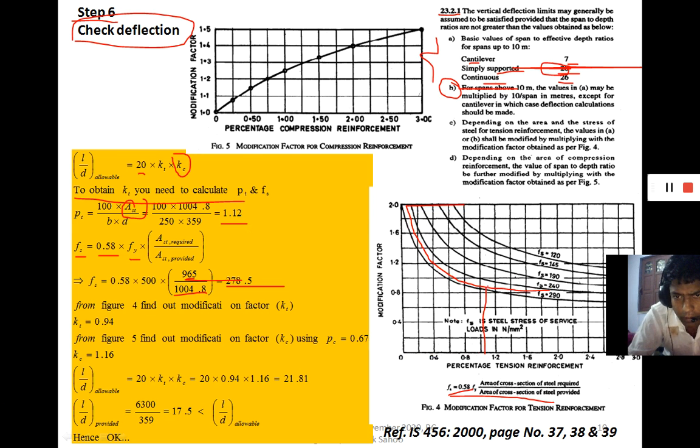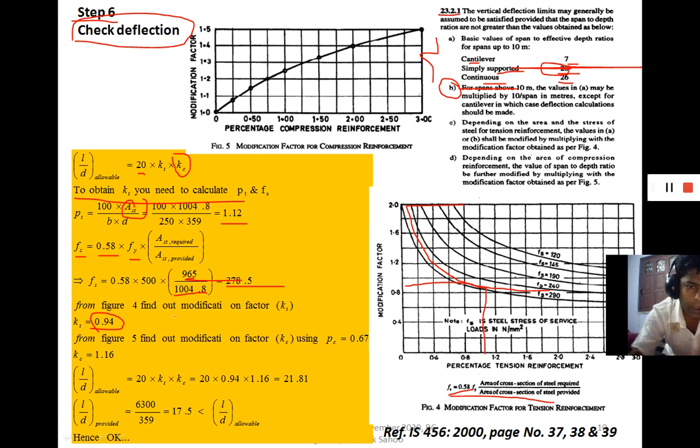This point we project on the ordinate, and it is approximately 0.94. Not exact, we calculate the modification factor approximately, so that is 0.94.